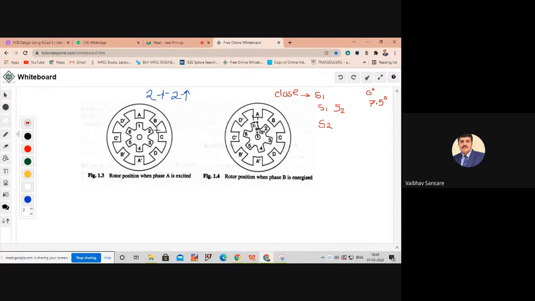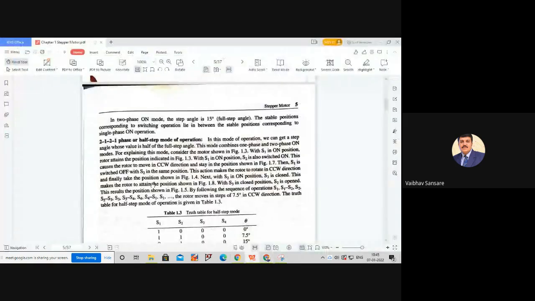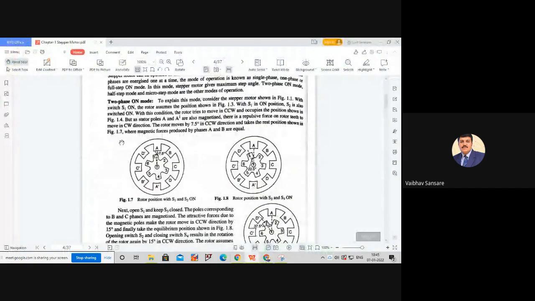Okay, so here this is the initial position, at 7.5 degree when S1 and S2 are in on condition. That means in that particular case, the rotor is at 7.5 degree in forward direction. For such a case, what is the switching condition? Both S1 and S2 are in close position.